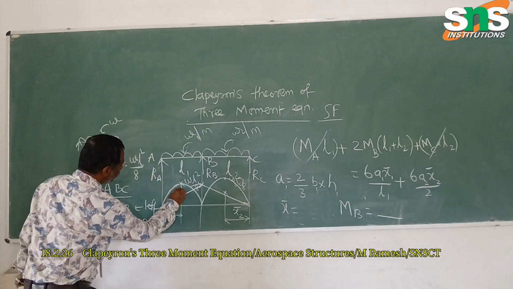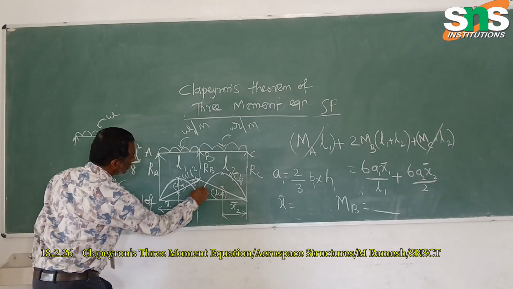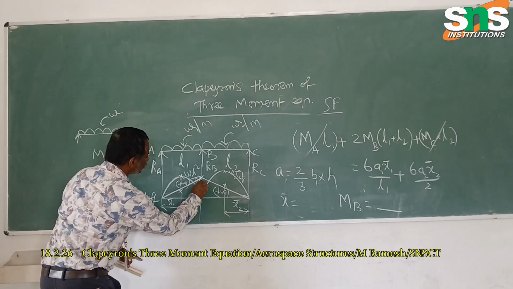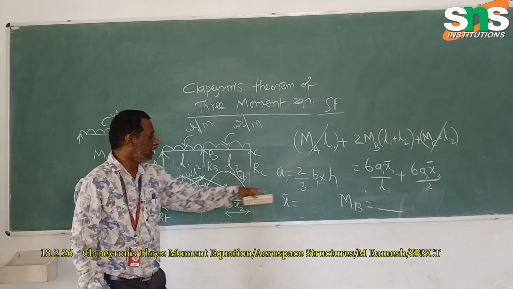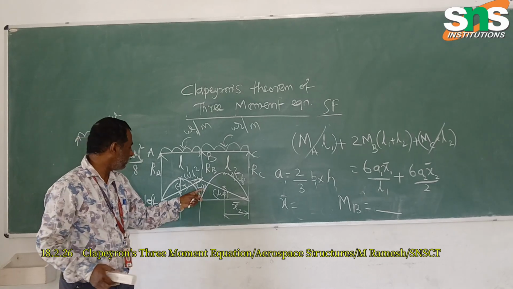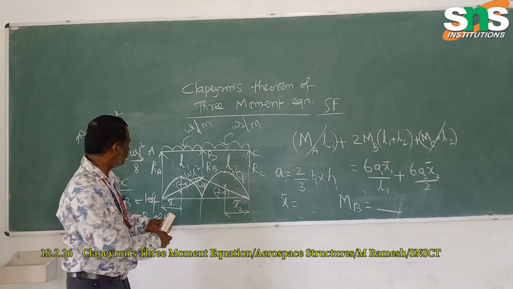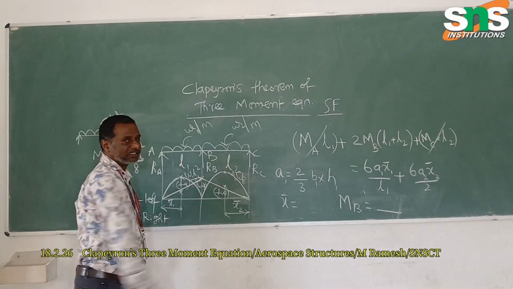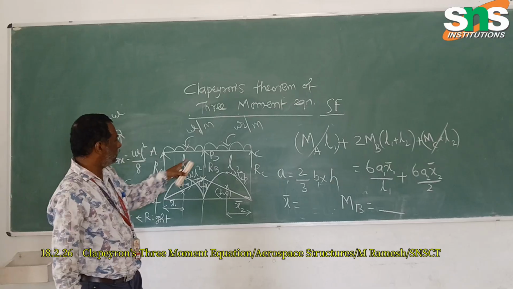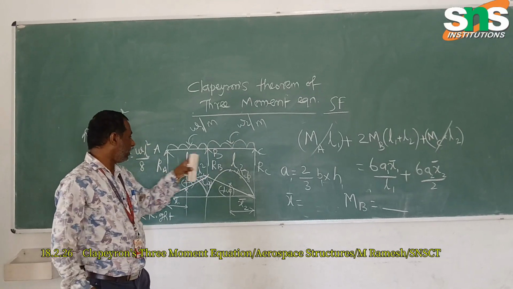This is positive, but when calculating the shear force to find the reactions, you apply it as a negative value. Like that you can get the values of all supports. RA plus RB plus RC equal to the total load, that is W1 into L1 plus W2 into L2. Like that you can get RA, RB, RC.